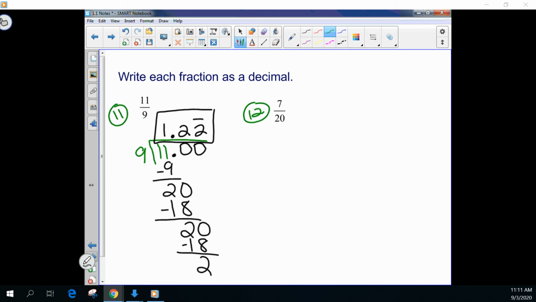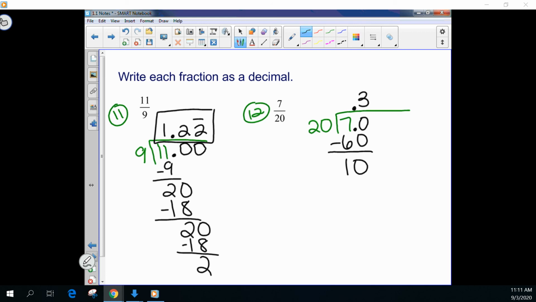Number 12, I have 7 divided by 20. So 20 does not go into 7, so I, at the very beginning, need to put in a decimal and a 0. So 20 goes into 70 3 times. 20 times 3 is 60. 70 minus 60 is 10.